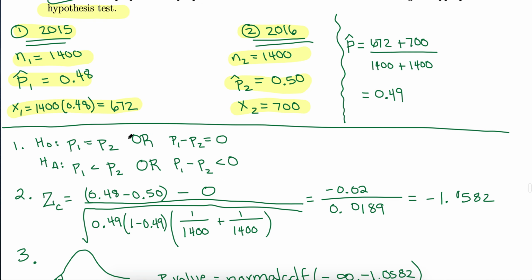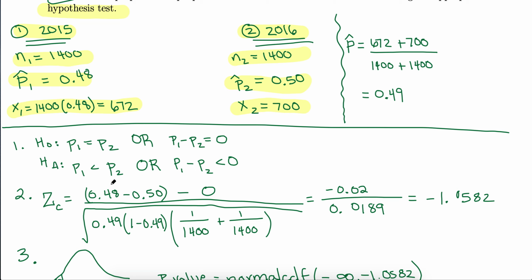Then our test statistic is that z-score, fancy z-score. We have the difference in the 2 years based on our data. I just want to emphasize here, however you define group 1 and group 2 to start off with, you must keep it consistent throughout the entire problem. So HA, the symbol was less than because we think fewer in 2015, more in 2016.